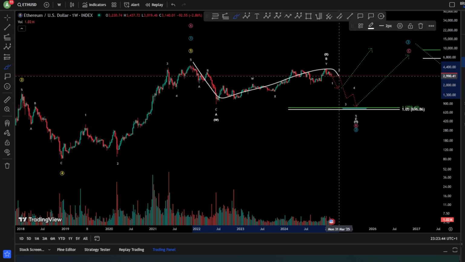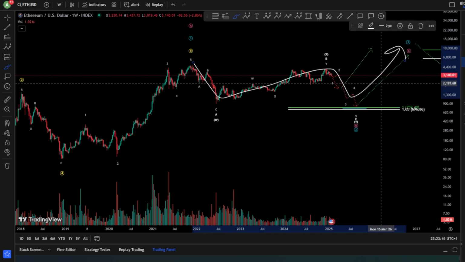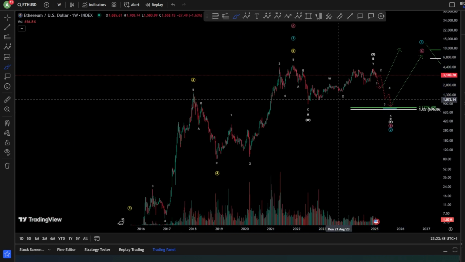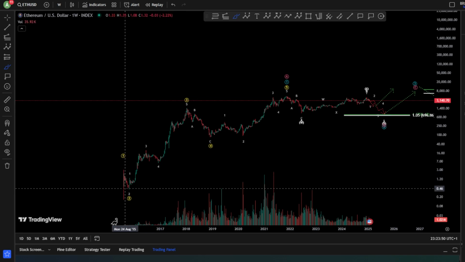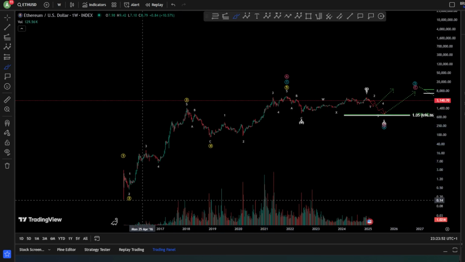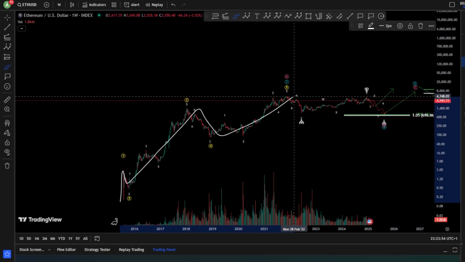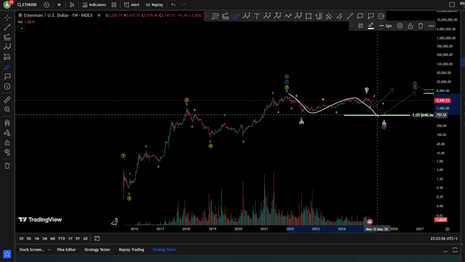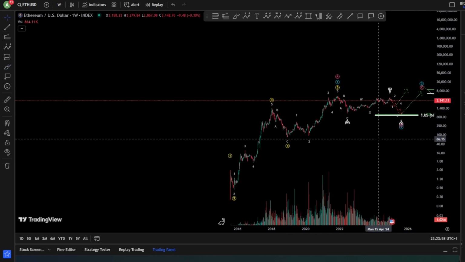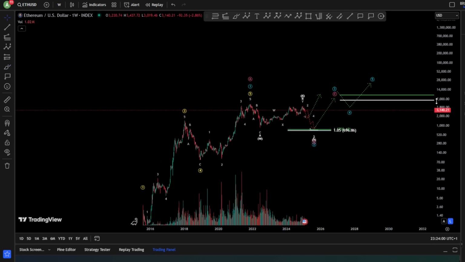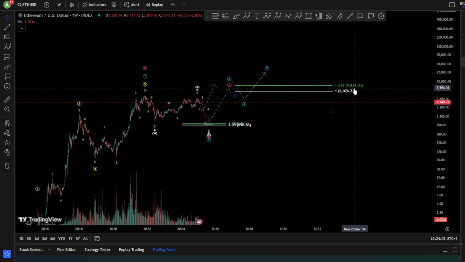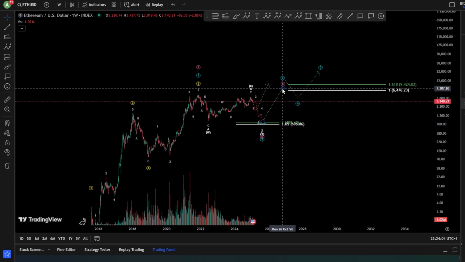We are still in a bear market, and yeah, we're waiting for a bull run again for Ethereum after 2 bull runs, which was 1, 2, 3, 4, and a 5. And we're looking at a bear market, and then one final bull run would be perfect. Yeah, for 9,400 probably as a target.